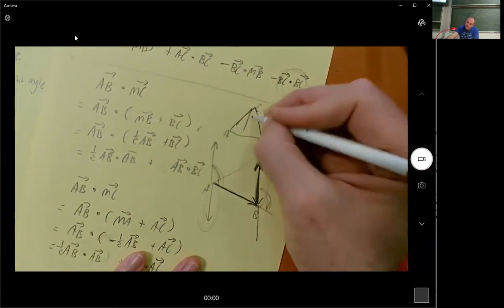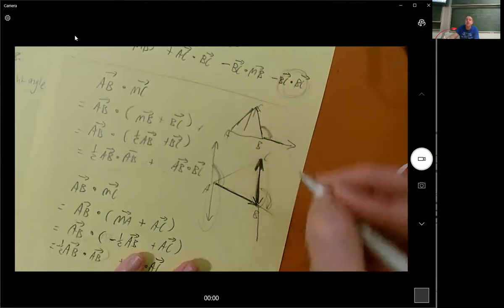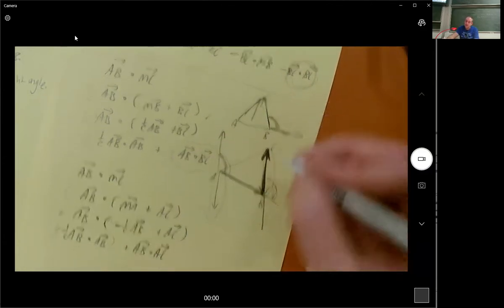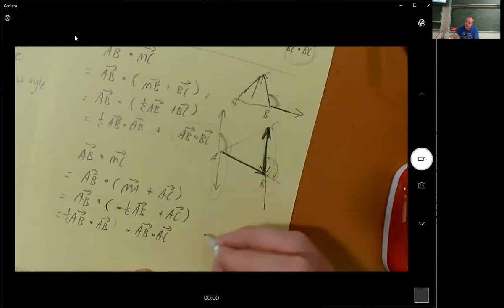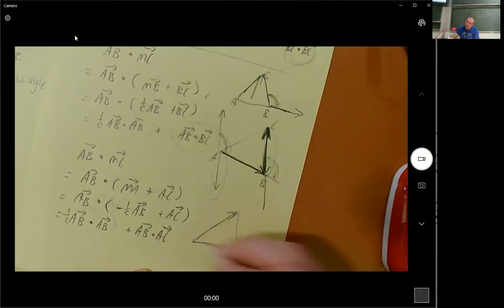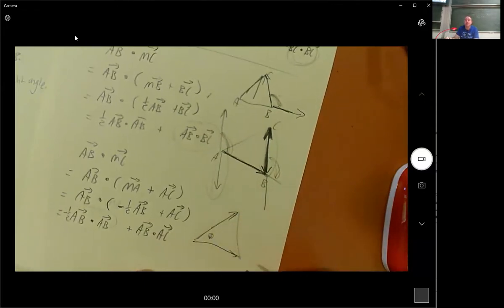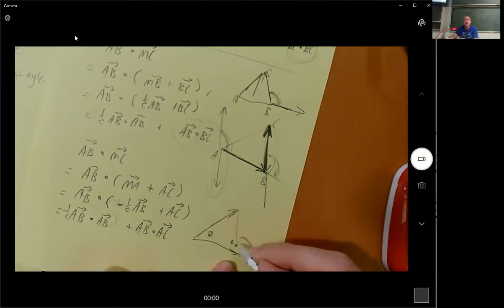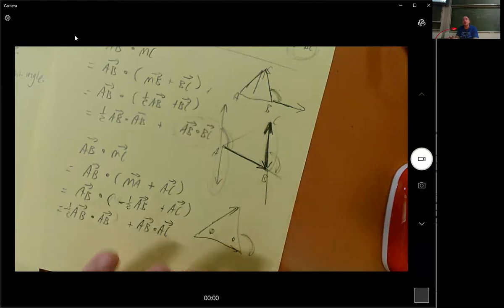If I put AB there and BC there, it's this angle I'm interested in, right? So AB dot BC is related to this angle, but AB dot AC, those two vectors are here, which is this angle here. And this angle is the same as this angle, which means that this angle is 180 degrees minus that angle, which means the cosine of those, one of them is minus the other, because that's how cosine works.